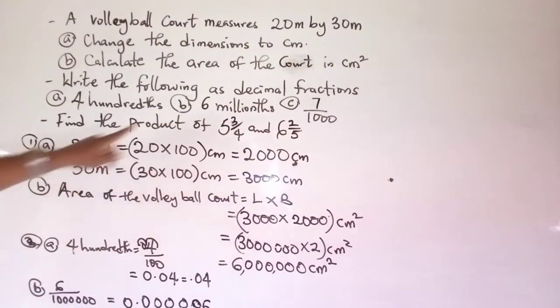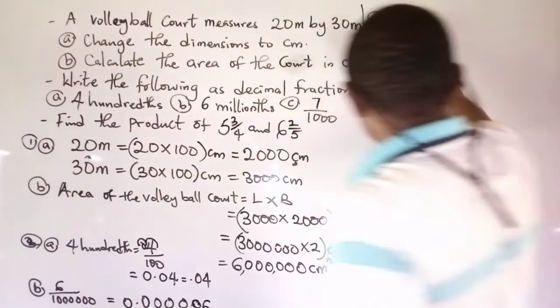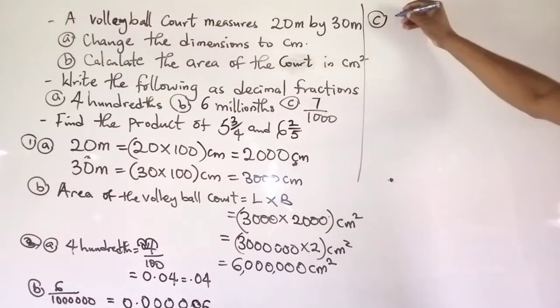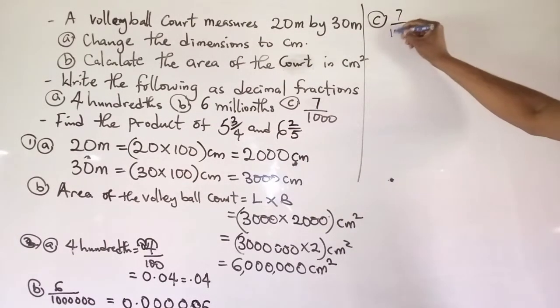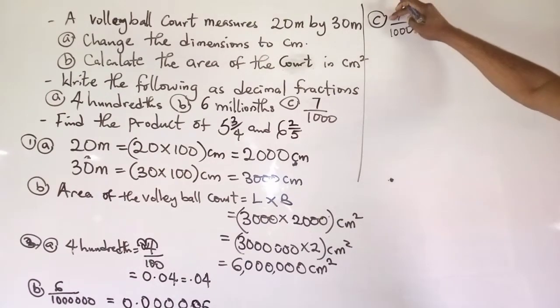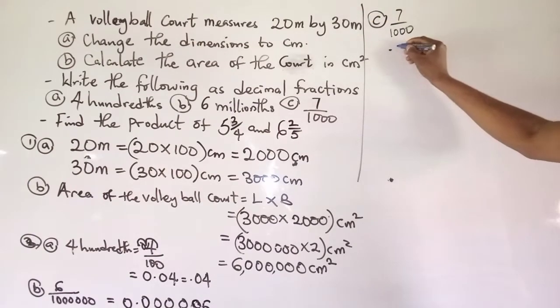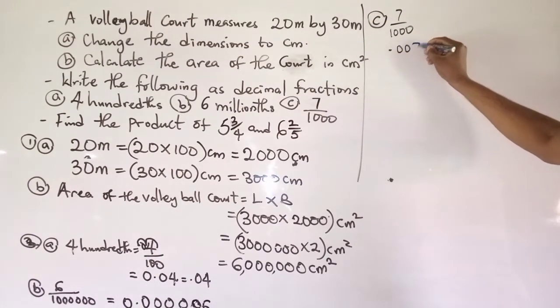Now let's look at the third one, C, which is 7 divided by 1,000. So move it 3 times. 1, 2, and 3. So we have 0.007.